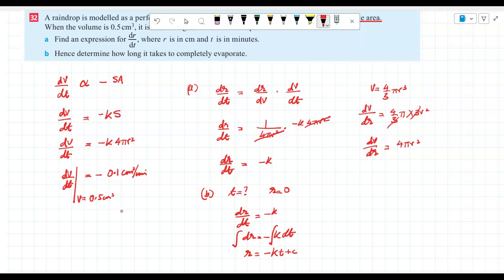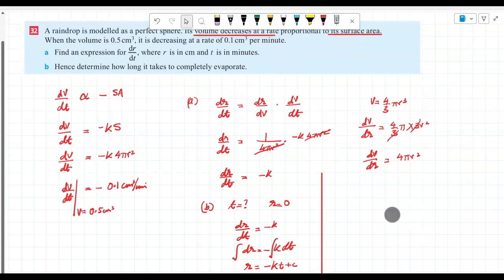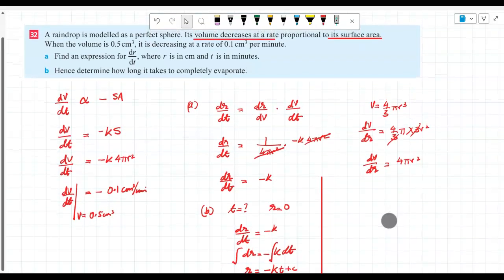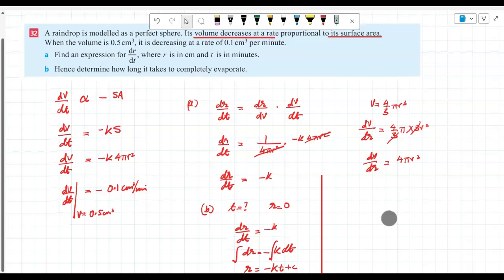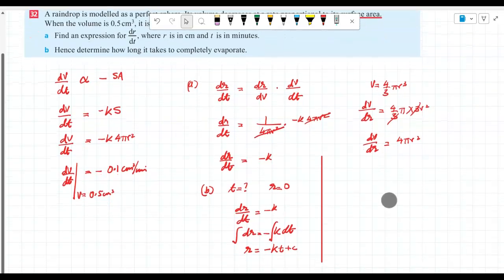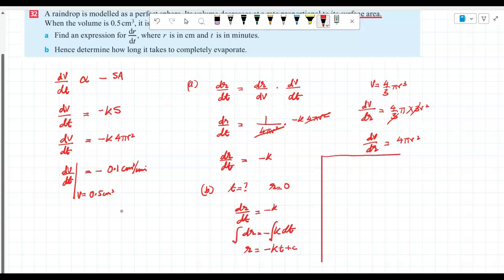Now use the initial conditions. What are the initial conditions? We need to find the c, right? Do you need to find out the r and the t?